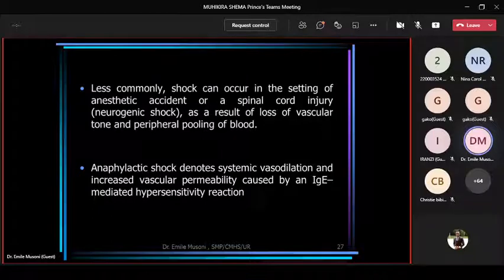To treat that anaphylactic shock, you have to immediately inject adrenaline, if you have done your pharmacology. In hospital, the most common cause of anaphylactic shock is an injection of penicillin.